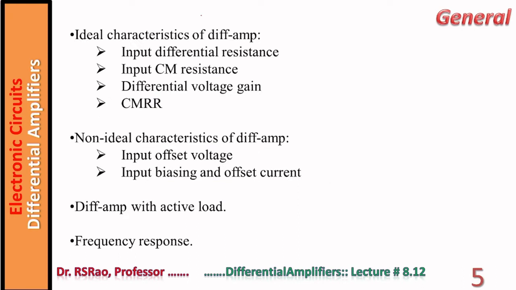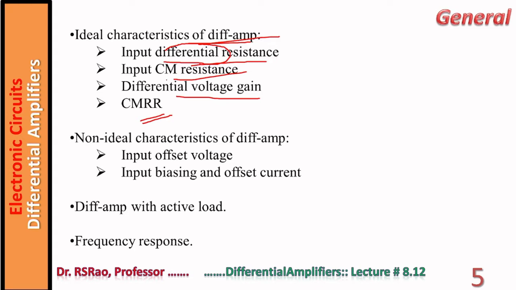Properties of an ideal differential amplifier: input differential resistance, input common mode resistance, differential voltage gain, CMRR. These are the specifications with respect to which a practical amplifier is compared with an ideal one. Differential resistance is the resistance offered by the amplifier circuit for the difference signal.